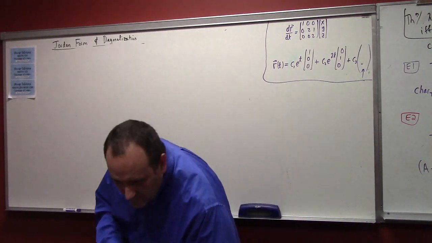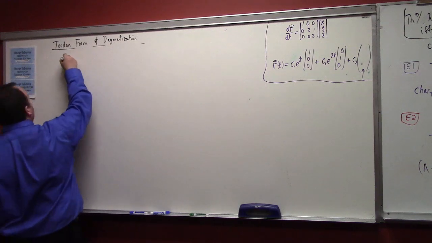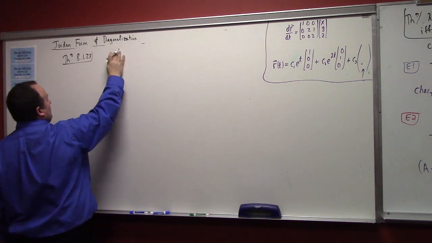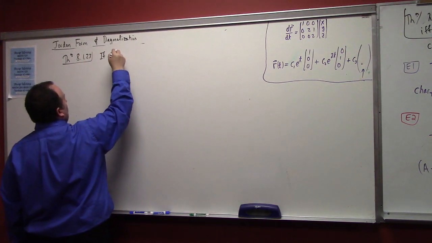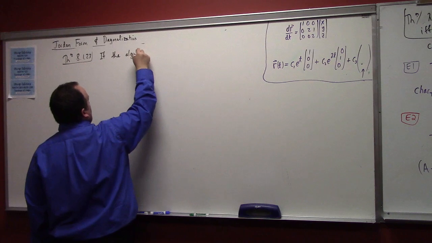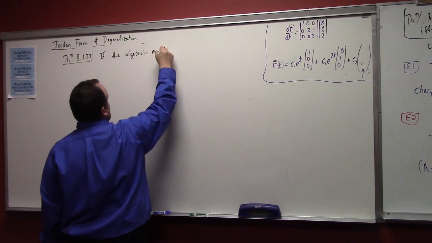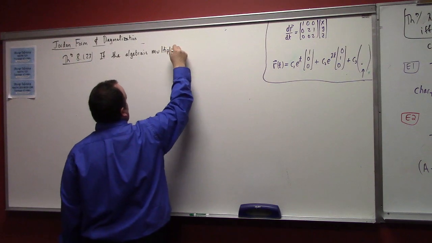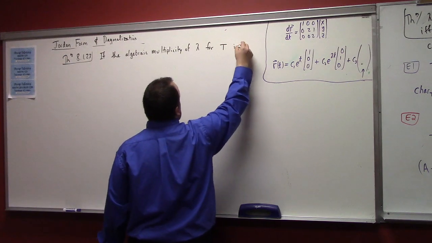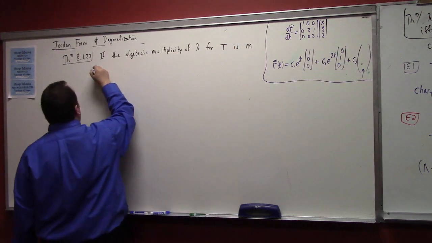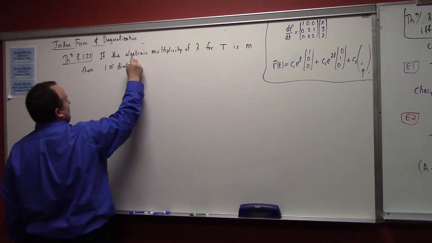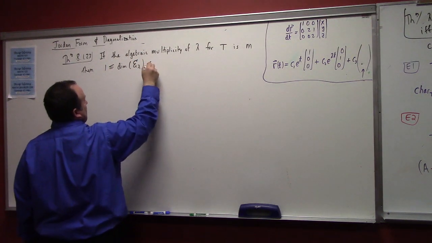So this is my theorem 8.1.23. It basically says that if the algebraic multiplicity of lambda for T is, let's say, m, then 1 is less than or equal to the dimension of the lambda eigenspace, which is less than or equal to m.